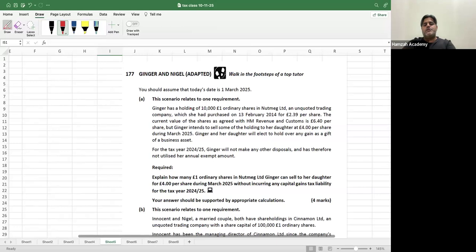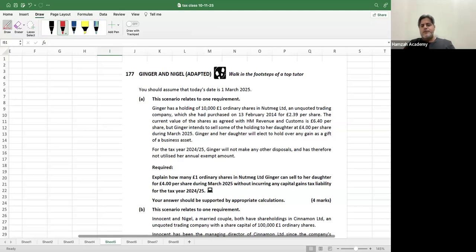which she had purchased on 13th February 2014 for 2.39 per share. The current value of the shares, as agreed with the HMRC, is 6.4 per share, but Ginger intends to sell some of the holdings to her daughter at 4 per share during March. Ginger and daughter will elect to hold over any gains as gift of a business asset over here.